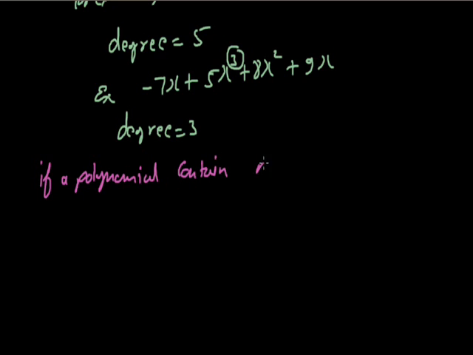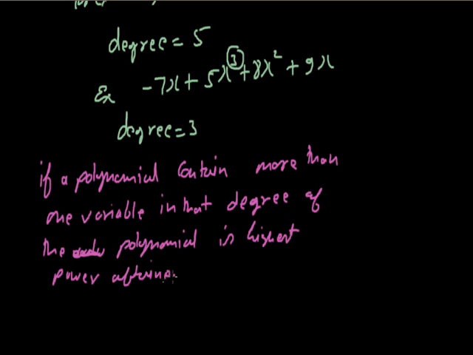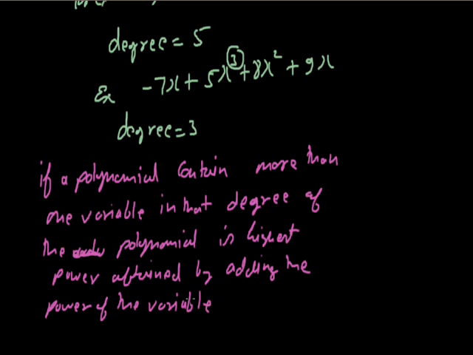In that case, the degree of the polynomial is the highest power obtained by adding the powers of the variables in the term.